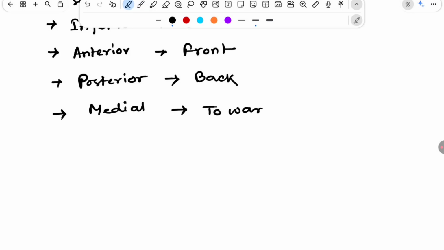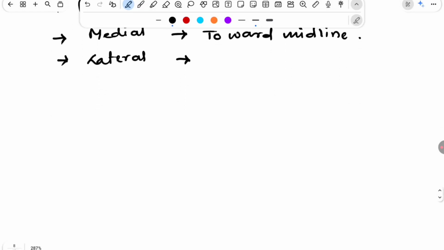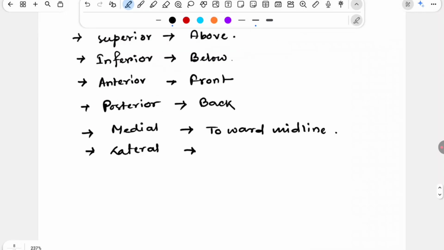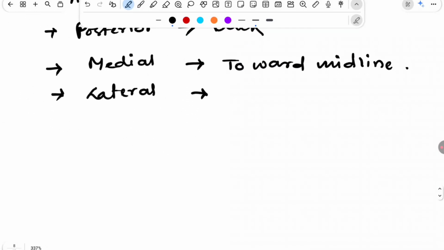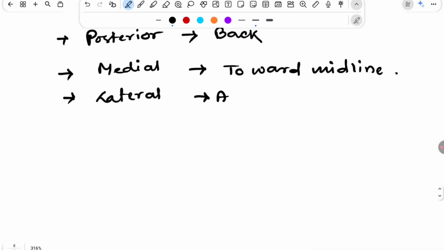Towards midline. Next is lateral, away from midline.